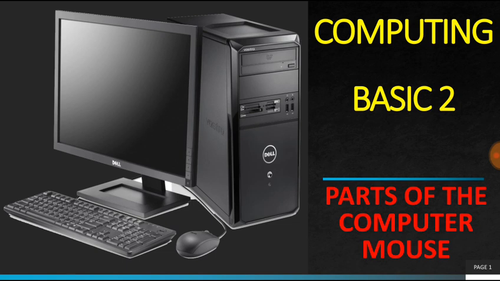Okay, we said a computer is an electronic device that accepts data, processes the data, stores data, and gives out information. We also made mention of some devices that are referred to as computers.